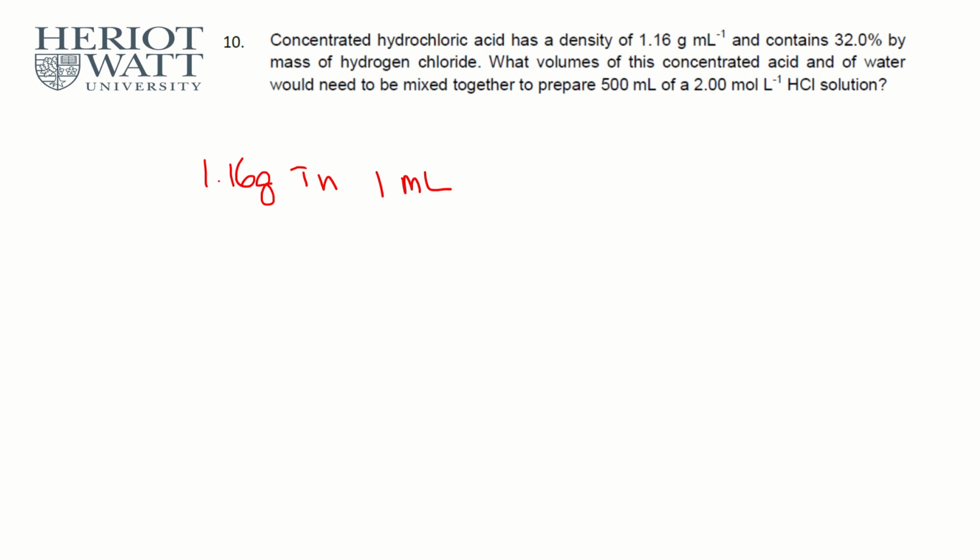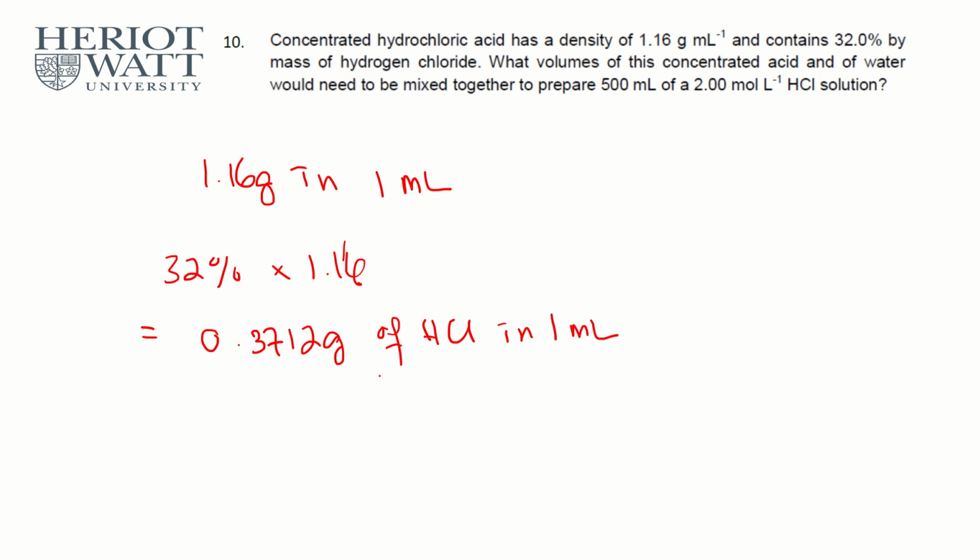No, it's 32%. So from here, we're going to multiply 32% with 1.16. You will get the actual mass of HCl in it, which is 0.3712 gram of HCl in 1 ml. All right, that's the first part. In 1 ml, this is the mass of HCl.